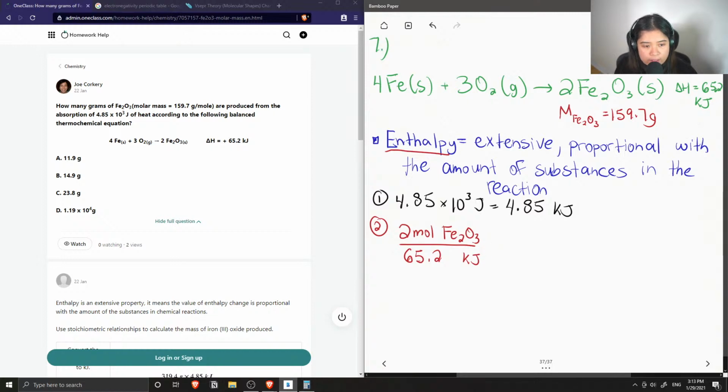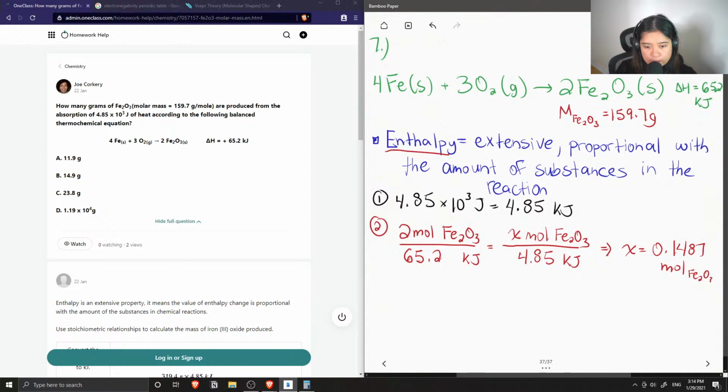And what we are trying to solve for is the number of moles of Fe2O3 that are produced when 4.85 kilojoules were absorbed. So now we just need to solve for x. So x is equal to 0.1487 moles of iron oxide.